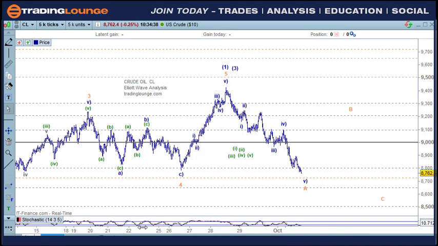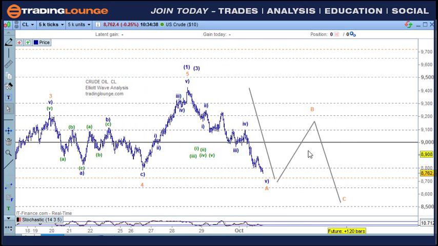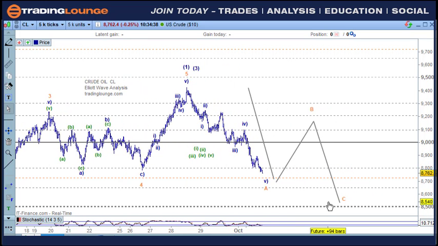So I'm just thrown off track, because I was going along quite nicely, and I thought, well, we started coming down here, and we'd just have our A wave, our B wave and our C wave over here. But that's going to throw some of the other markets out of sync a little bit. We may end up seeing this as a C wave here, and then just going up here, and then coming down and making an ABC.